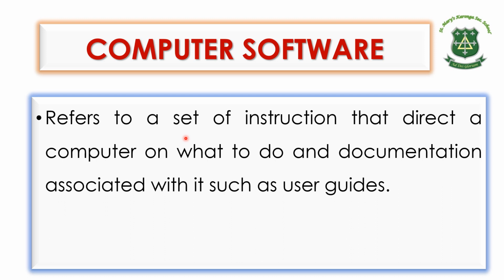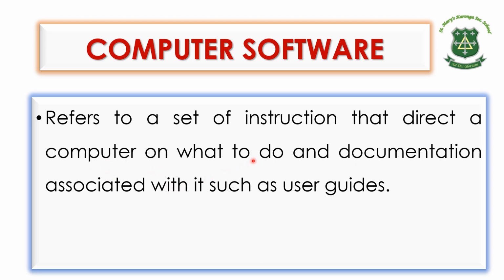These instructions are also known as programs. Normally the terms software and programs are used interchangeably, as if talking of the same thing. So when we talk of software, we also mean the programs: the set of instructions that direct a computer what to do.